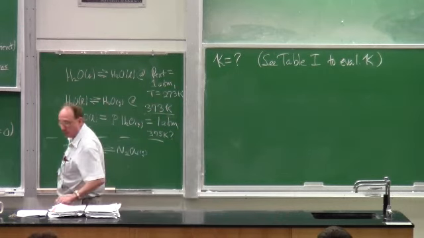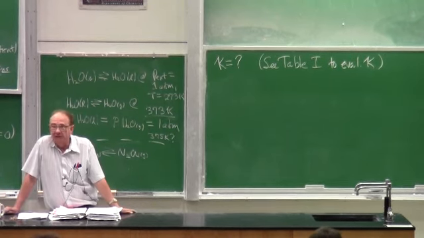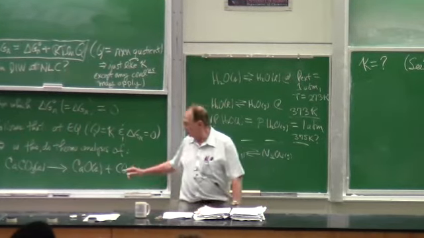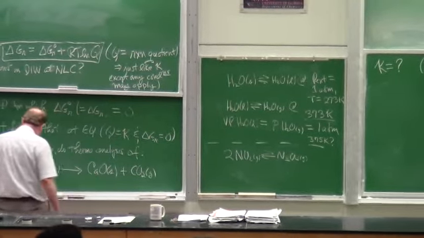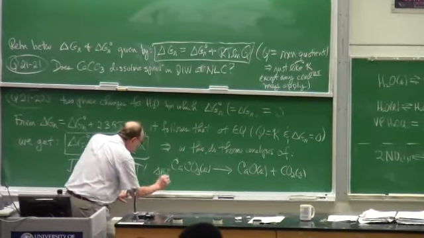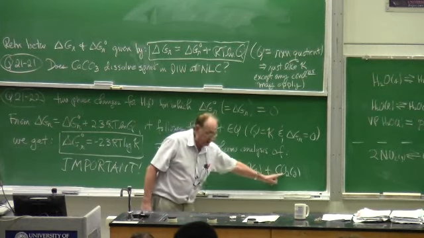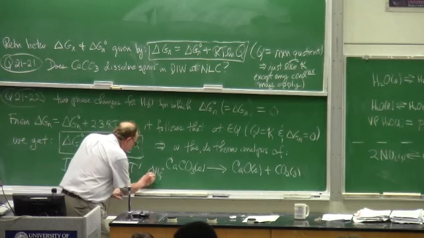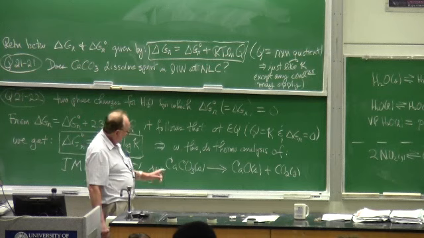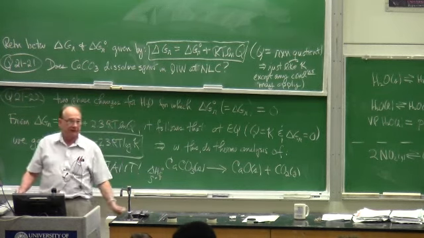If you crack open the data table, table 1, end of chapter 20, you will see the delta H sub F super zero values for this stuff and this stuff and this stuff. And you'll also see the S0 values. Tell me, for which component of this system do you think you'll see the largest S0 value?